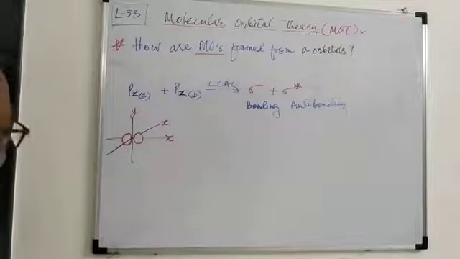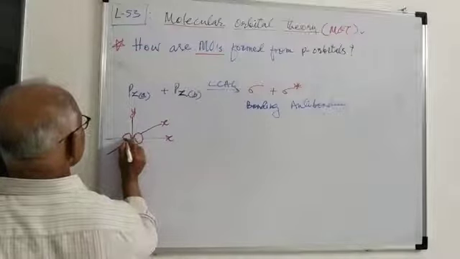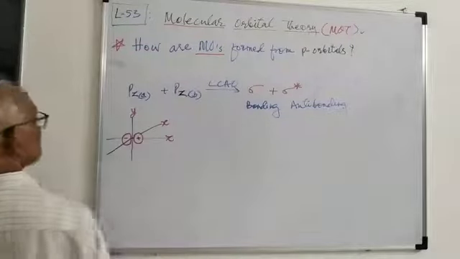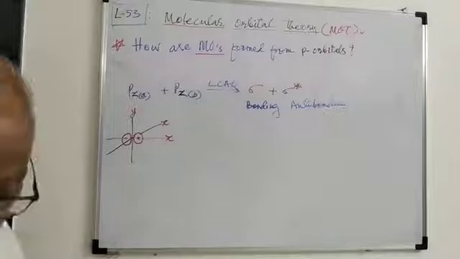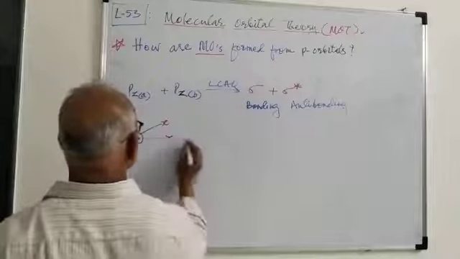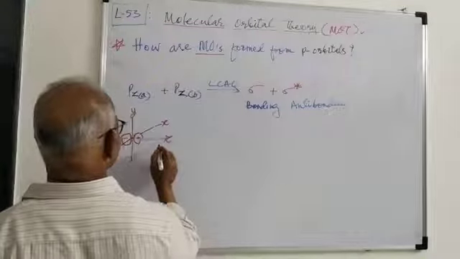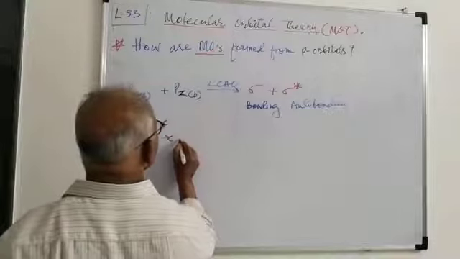Now here, the signs of wave functions, say this is minus and this is plus, so the signs of wave functions are opposite to each other. Similarly, we will show another orbital.